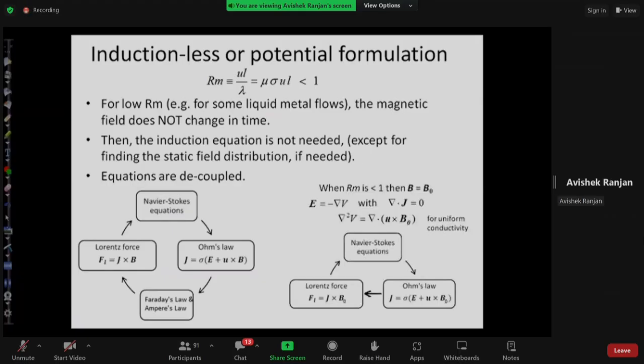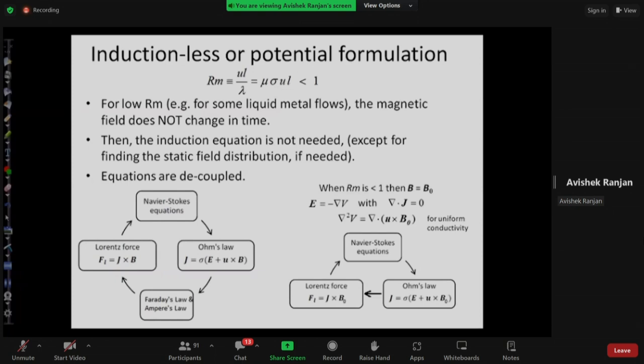Now, if equations become decoupled at low Rm, you do need a Lorentz force in the Navier-Stokes equation, definitely, but that only requires us to use Ohm's law, and in this case the velocity field is certainly required in Ohm's law, which gives us J, which gives us the Lorentz force.